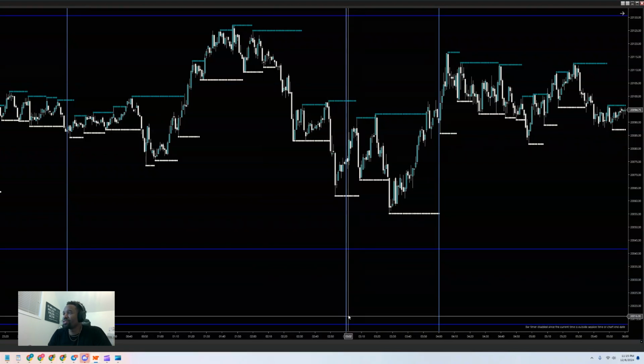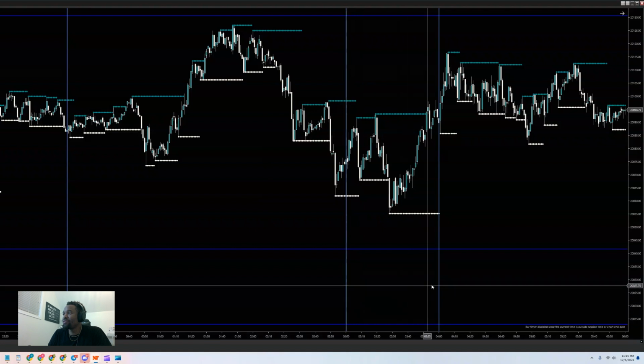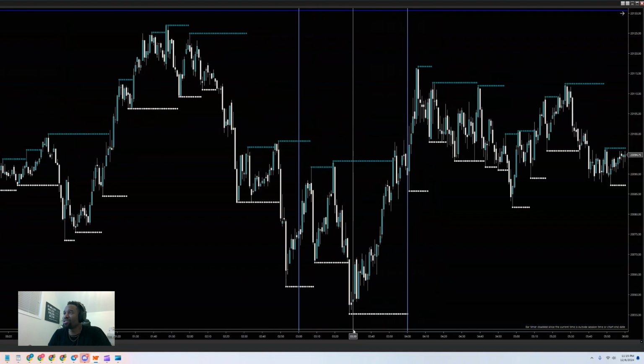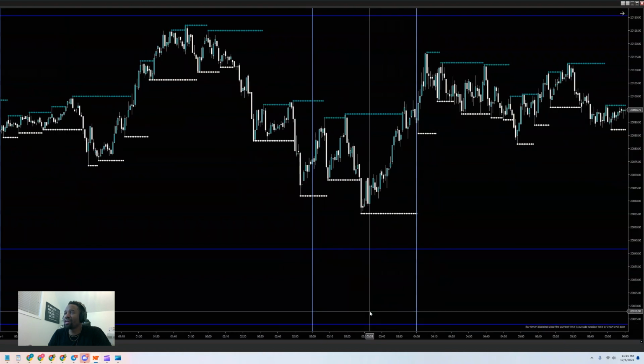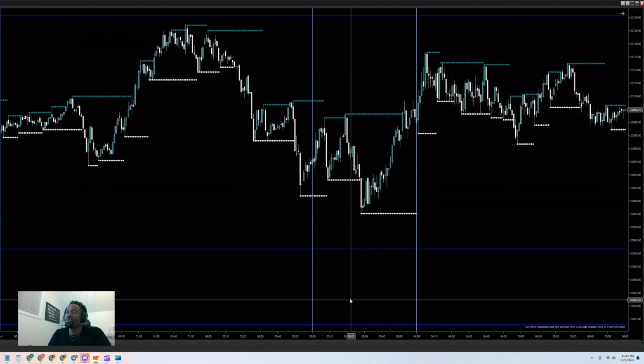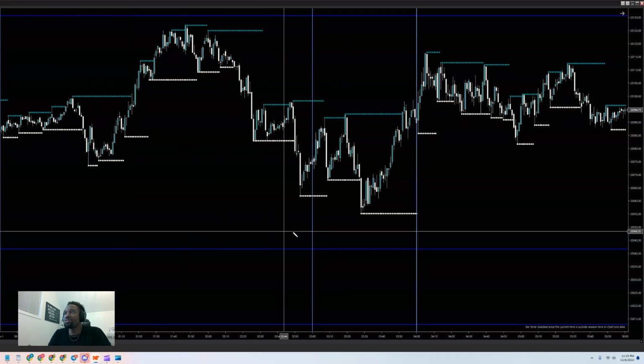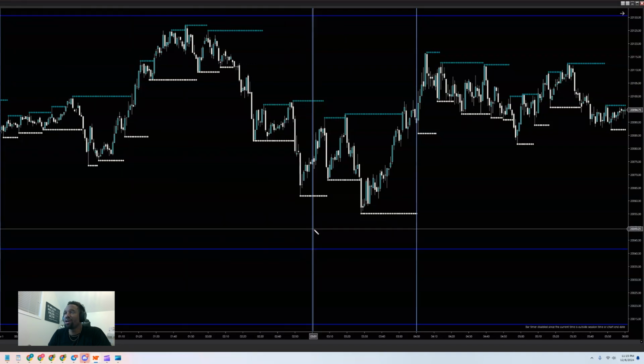As you can see here, we have 3 a.m. and we have 4 a.m. The previous session is the one where you look to see if price made a liquidity grab, which simply means that price took the previous session's low or high. The previous session is from 12 a.m. until 2:59 a.m., right before our window starts.